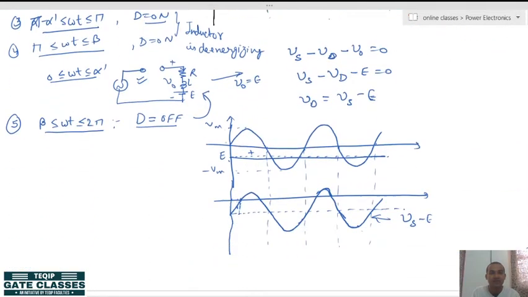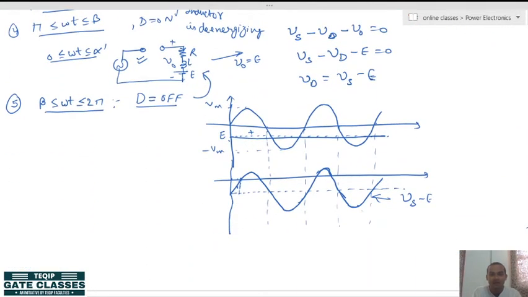So that's why I am marking the zero crossing as the alpha dash point. From the alpha dash point to some point beta, the diode is on. So to show the diode voltage here, let me extend it further.